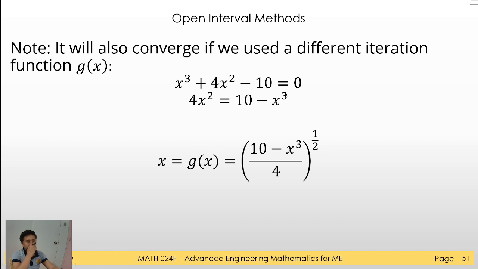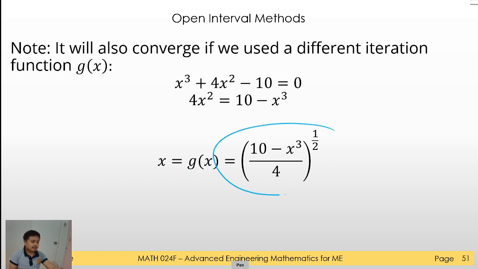But I'll just discuss a little bit about the different ways that you can represent the iteration function for the fixed point iteration. So instead of factoring out x squared, what you can also do is you can transpose this x cubed to the other side and then divide this by 4 and then find the square root, so that your g of x will now be different from what we did last time.